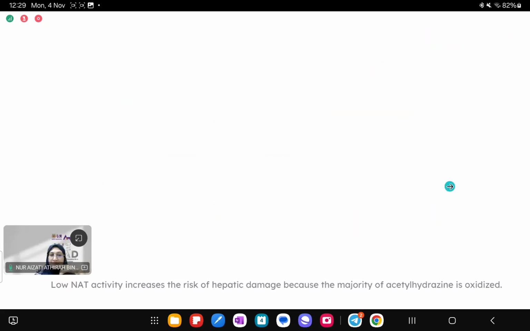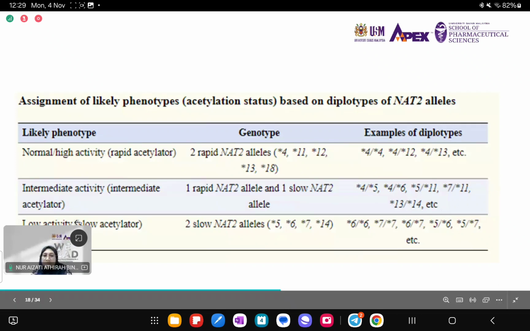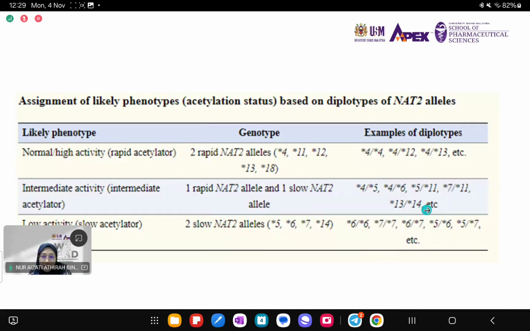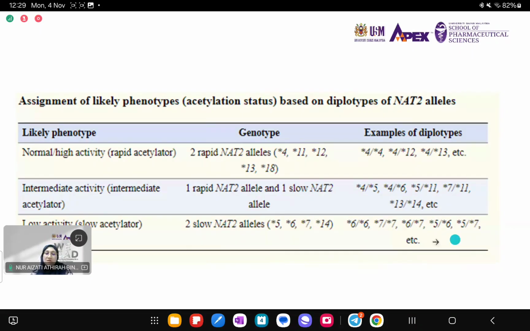Ini ialah dia punya phenotype, rapid acetylator, STAR2, STAR4 and STAR12. Low activity, which is slow acetylator, is STAR6, STAR7, and STAR5. Okay, 5, 6, 7. A combination of all these slow acetylator might cause a low activity of NAT2 allele.